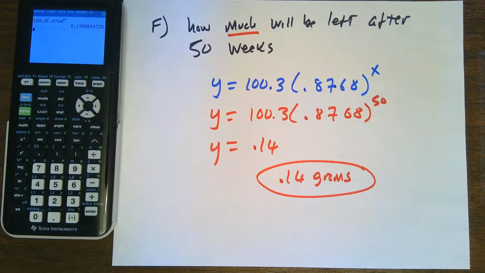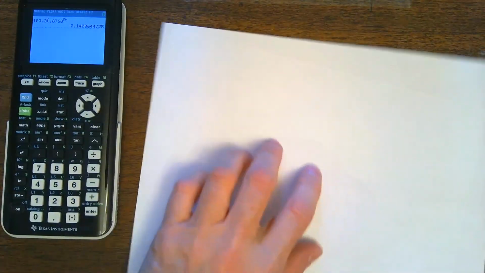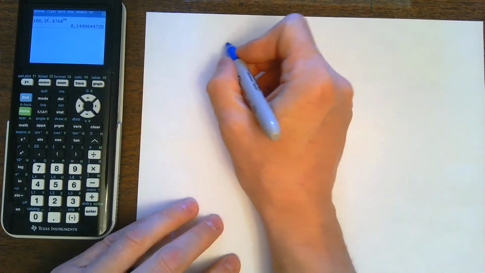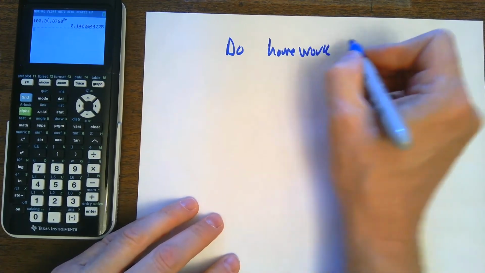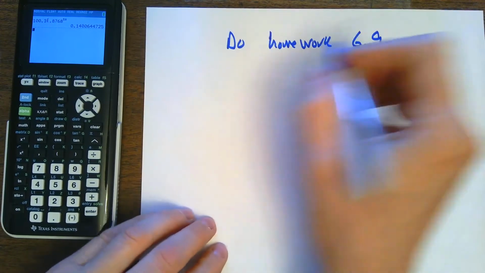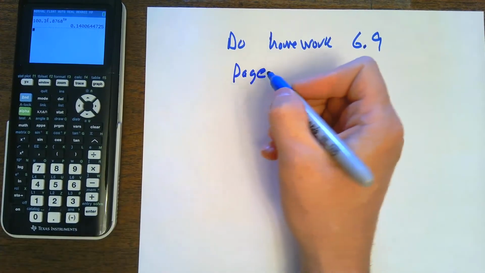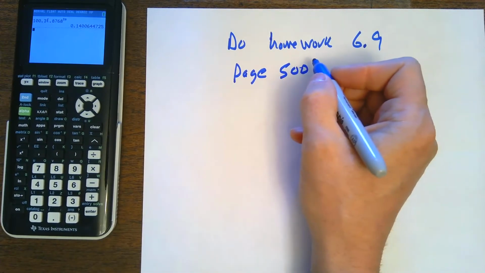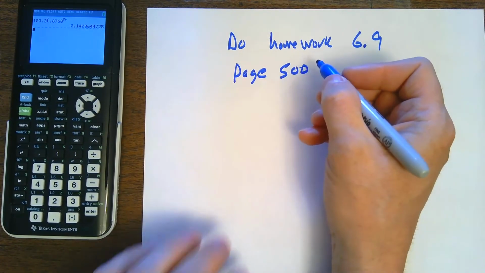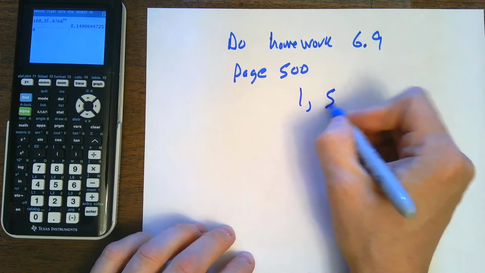All right, ladies and gentlemen, you'll see that the other ones are very similar to this. So what I'd like you to do now is do homework 6.9. It starts on page 500, and I want you to do problem numbers 1, 5, and 11.